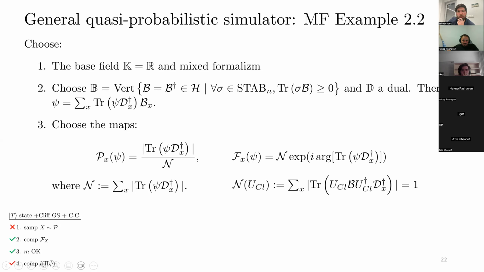Yes, I'm looking at the second bullet point. So it should be a convex mixture. These traces, trace psi dx dagger, should be some positive number. In fact, it's a probability distribution. Yes, so taking the absolute value won't matter.